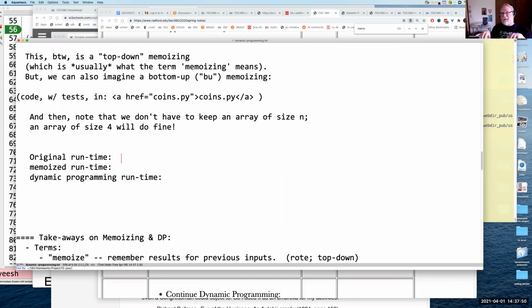Each of those called coins of 50, and there were now like 8 calls to coins of 50. There were a lot of those repeated calls, and they occurred exponentially often. So how long was the original runtime?